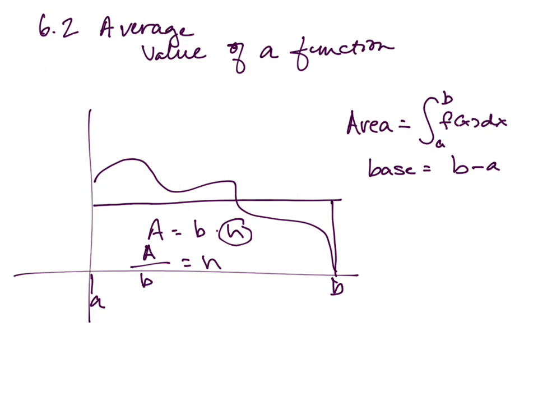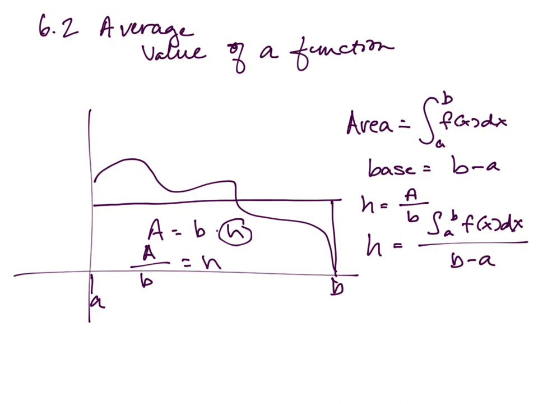And so if I'm solving for the height, height is going to equal area divided by base. In other words, the height of this function is going to equal the integral from a to b of f of x dx divided by b minus a. Are you seeing that? Area divided by base.